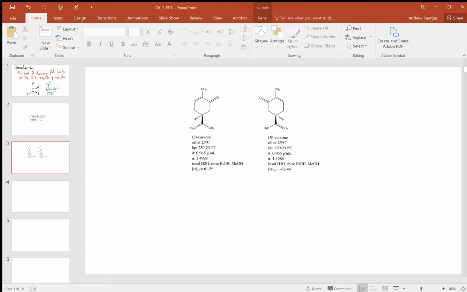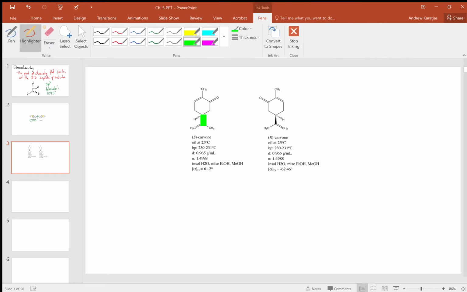Again, the only difference between them is the way the atoms are arranged at that carbon. How different are they? Well, you can see some of the data between them. They're both oils, they have the same boiling points, the same densities, the same solubilities. All this stuff is the same.